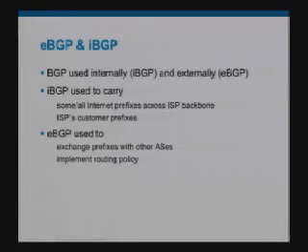iBGP today traditionally is used to carry internet prefixes across your backbone as well as your customer prefixes. You've got customers connecting to your network, you drop their prefixes into iBGP. And eBGP is used to exchange prefixes with other autonomous systems. So in other words, when you're talking to another autonomous system, another network, another service provider, customer of yours, you would be using external BGP.